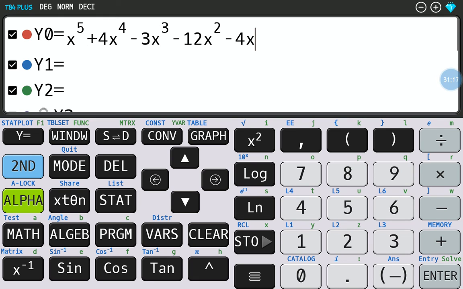So I got x to the 5th power plus 4x to the 4th power minus 3x to the 3rd power minus 12x squared and minus 4x. Now what? I'm going to graph it.